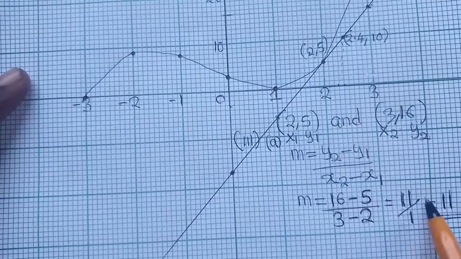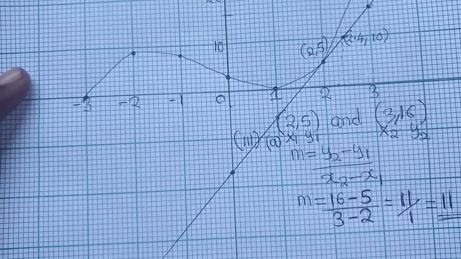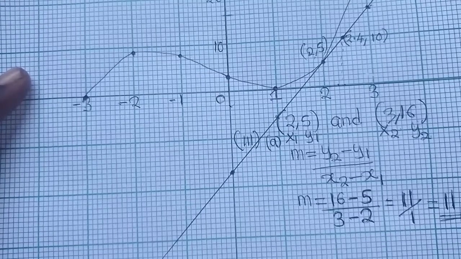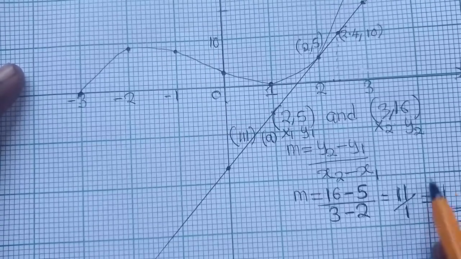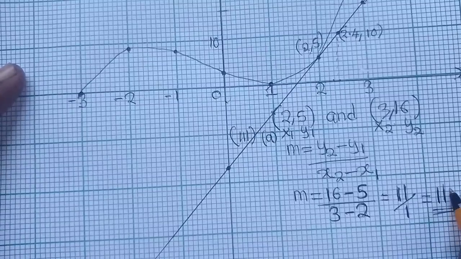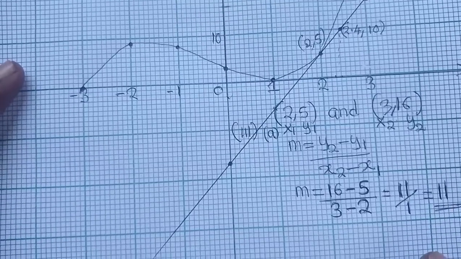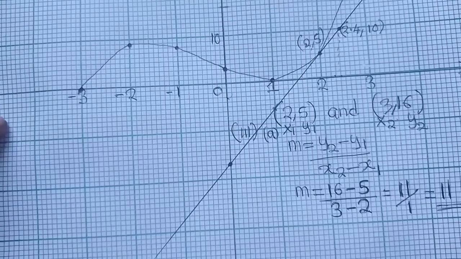You can get 11.4, 11.3, you can get 10.5, 10.6, 10.7, like that. If you round off that number, you are going to get 11. So that's one and the same thing. This is what you need to understand.